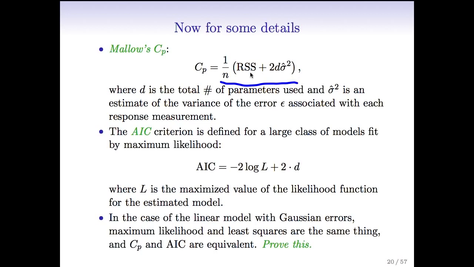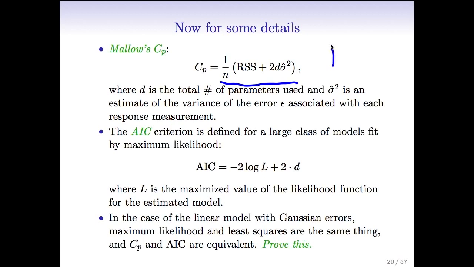Then we're going to calculate the RSS for that model with D predictors, and we're going to add to the RSS 2 times D, where again D is the number of predictors, times sigma hat squared, where sigma hat squared is an estimate of the variance associated with each error epsilon in the linear model. And so the idea is we can calculate CP for those models M0, M1, M2 through MP that we were looking at a few minutes ago, and we can just choose the model with the smallest CP.